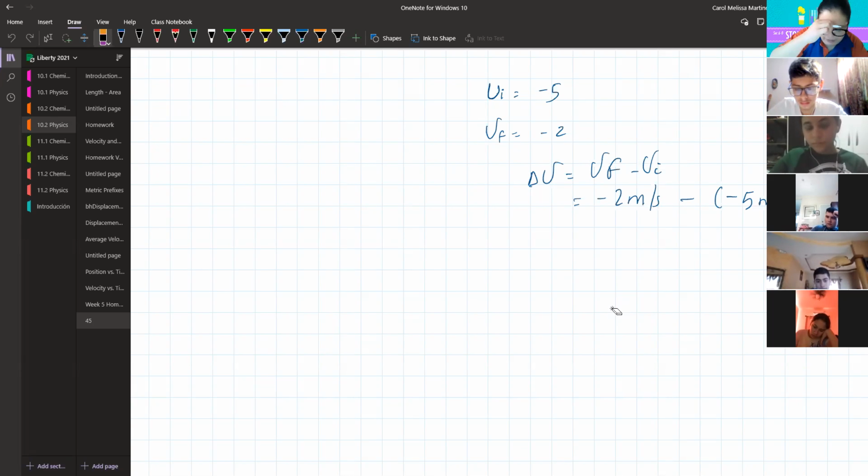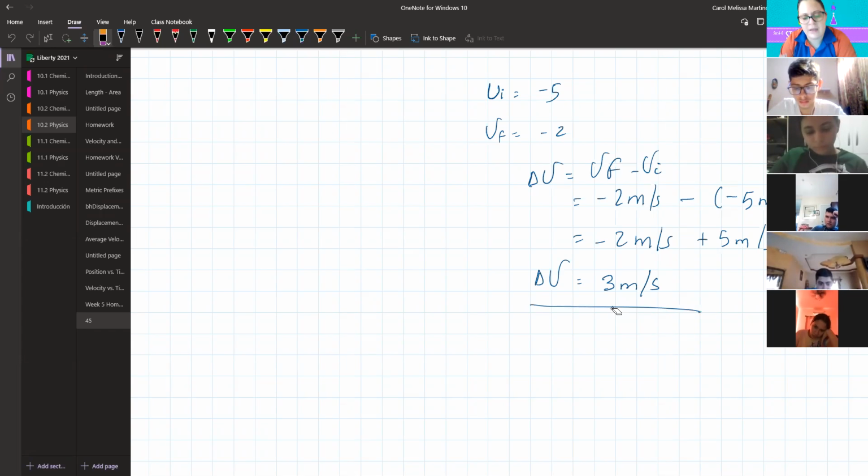So this is going to give you a different answer because it shows differently. This will be -2 meters per second plus 5 meters per second. And in this case, as you can see, the sign changes to +3 meters per second. But if you get this part incorrect, you're going to have a different answer.